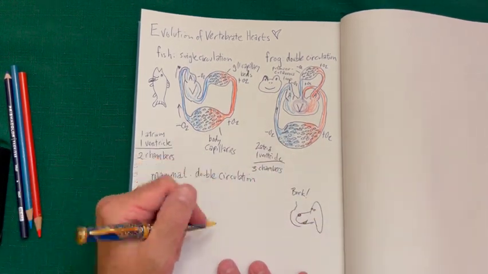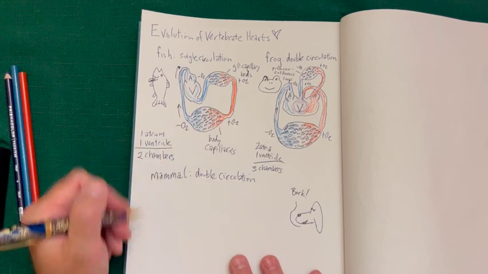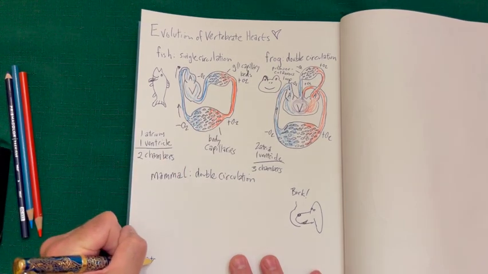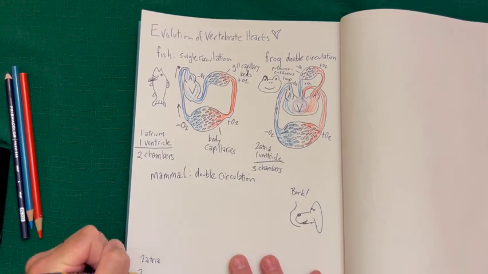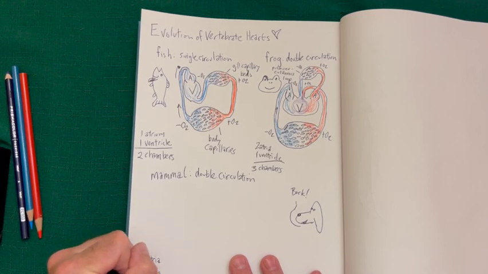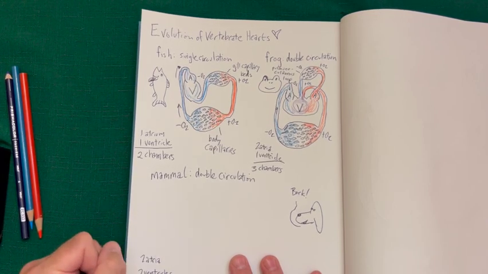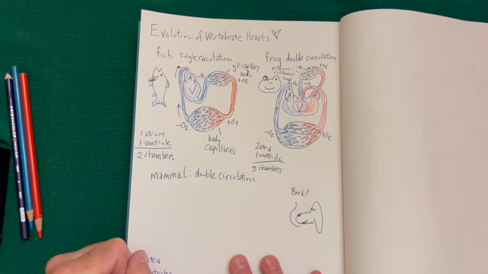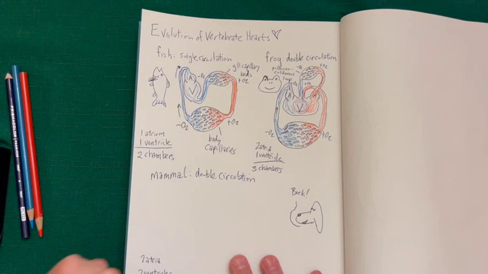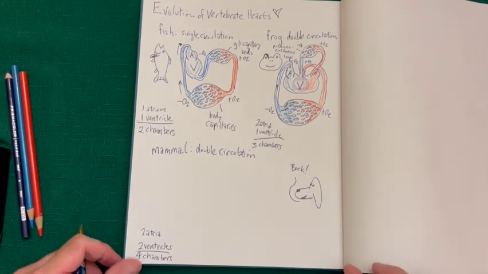Mammals have a double circulation, which means we've got 2 atria, 2 ventricles in this case, for a total of 4 chambers. All right.